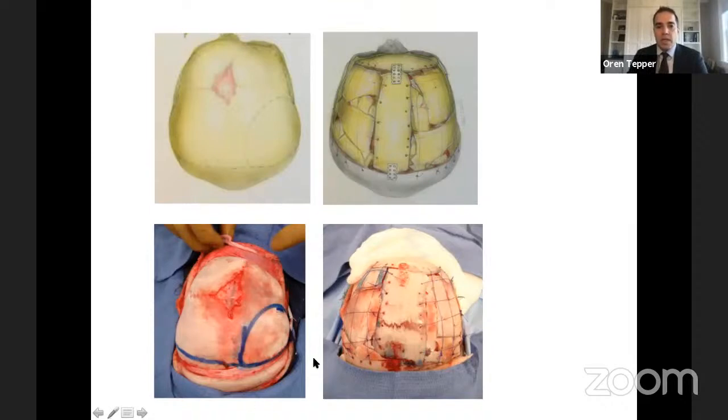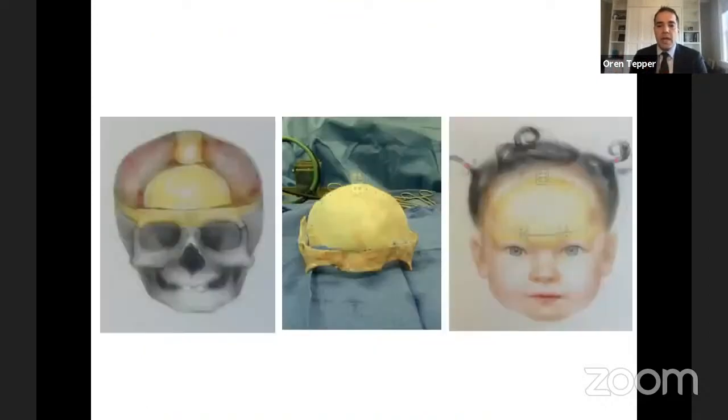This is what the patient looked like on the table. This is what the patient looked like at the end of the case. New forehead, new central piece of bone, and all these pieces put together within our suture lattice to recreate a more rounded, appropriately shaped skull for a patient of that age.